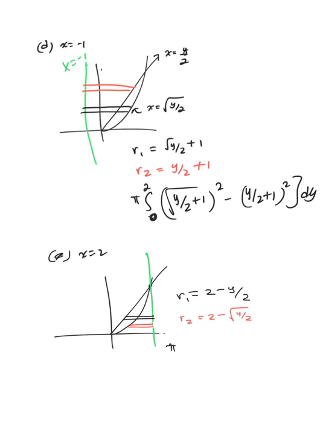It's just pi times the integral from 0 to 2 of R1 squared minus R2 squared. That's it, kids. Put brackets around that.